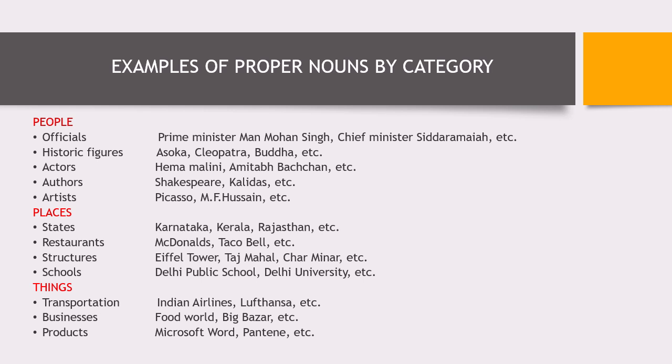Places: states: Karnataka, Kerala, Rajasthan; restaurants: McDonald's, Taco Bell; structures: Eiffel Tower, Taj Mahal, Charminar; schools: Delhi Public School, Delhi University. Things: transportation: Indian Airlines, Lufthansa; businesses: Food World, Big Bazaar; products: Microsoft Word, Pantone.